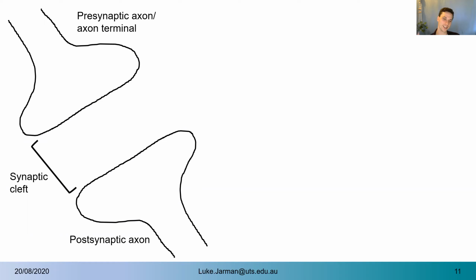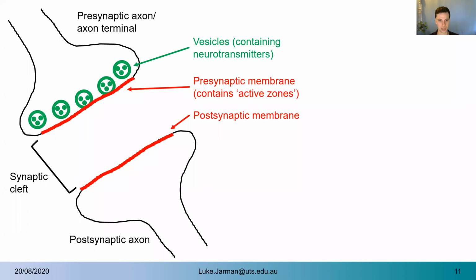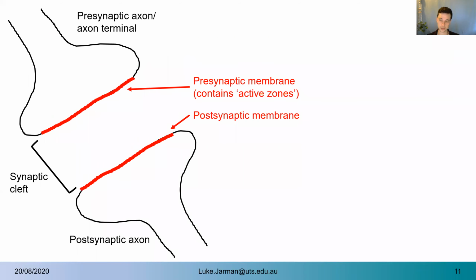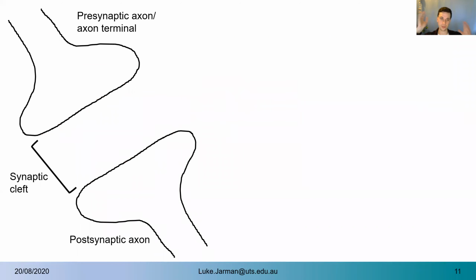Obviously, I'm not a great artist, but it's pretty good, and this is about as good as I would expect you to be able to do. I encourage you to have a go at this. So the full diagram is going to look something like this, and I'm going to walk you through it now. If you want, grab a pen or a pencil, and you can follow along with me and label this diagram as we go along.